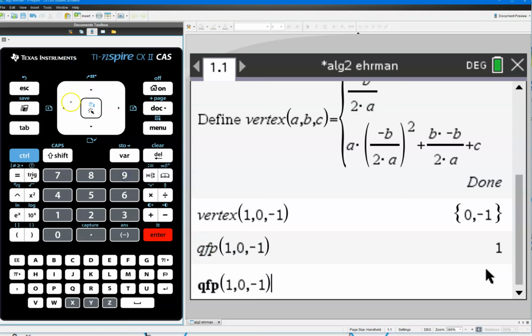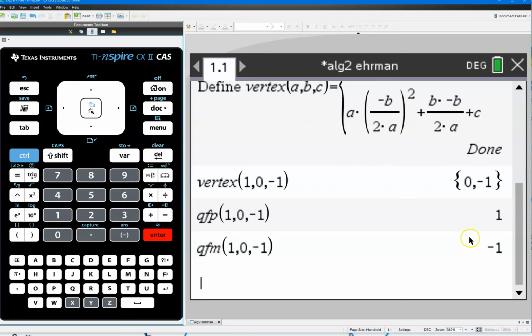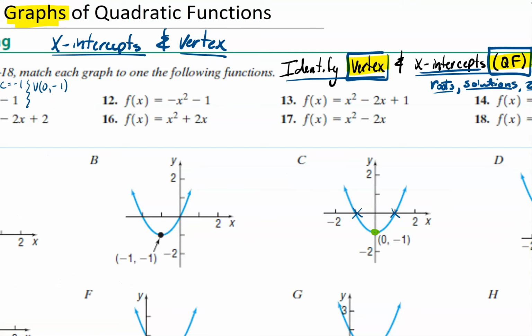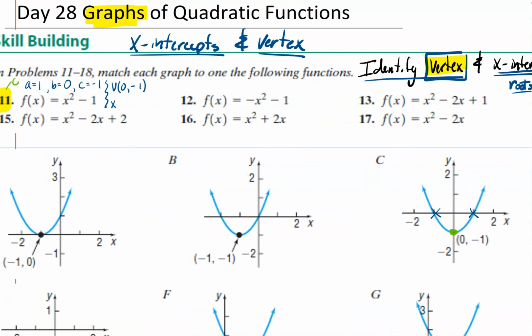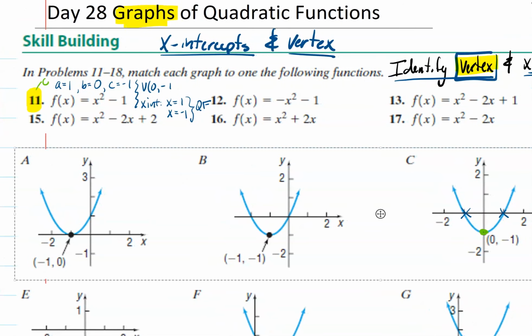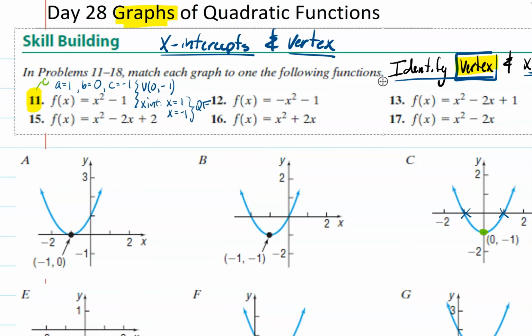And if we run the QFM calculation, we end up with -1. So that's enough for me to say that our x-intercepts occur at x equals 1 and x equals -1, and again, those were found by using the quadratic formula. So the only graph that matches a vertex at 0, -1, and x-intercepts at +1 and -1 is indeed graph C.